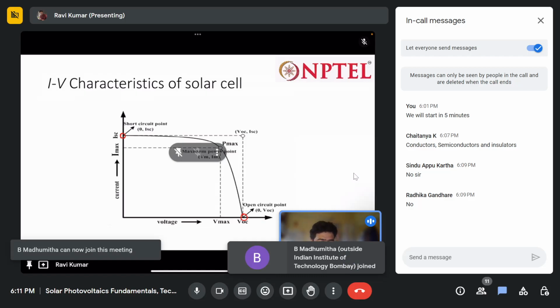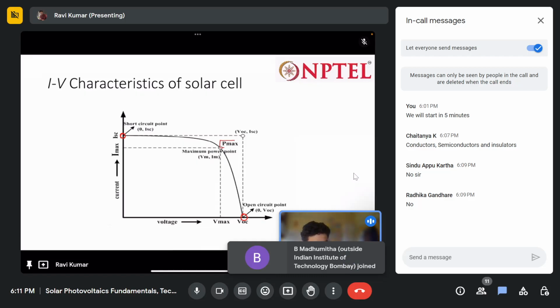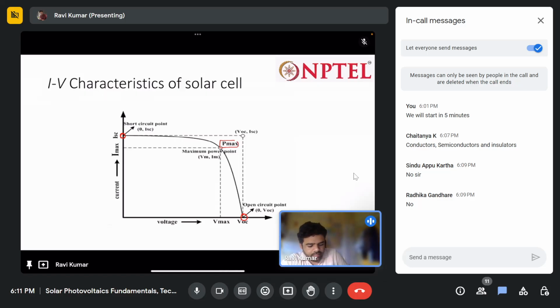And the third parameter we have is Pmax. In this Pmax we have Imax, or sometimes we say IMPP. MPP means maximum power point.